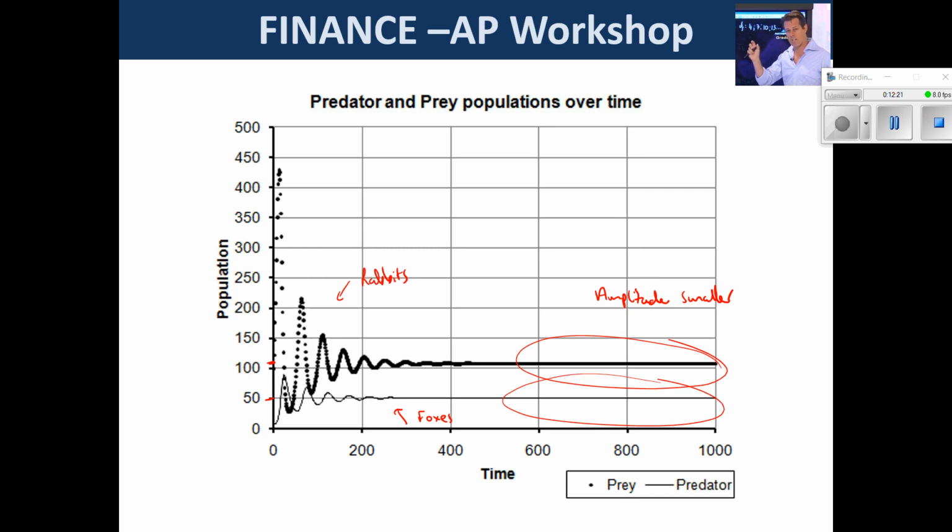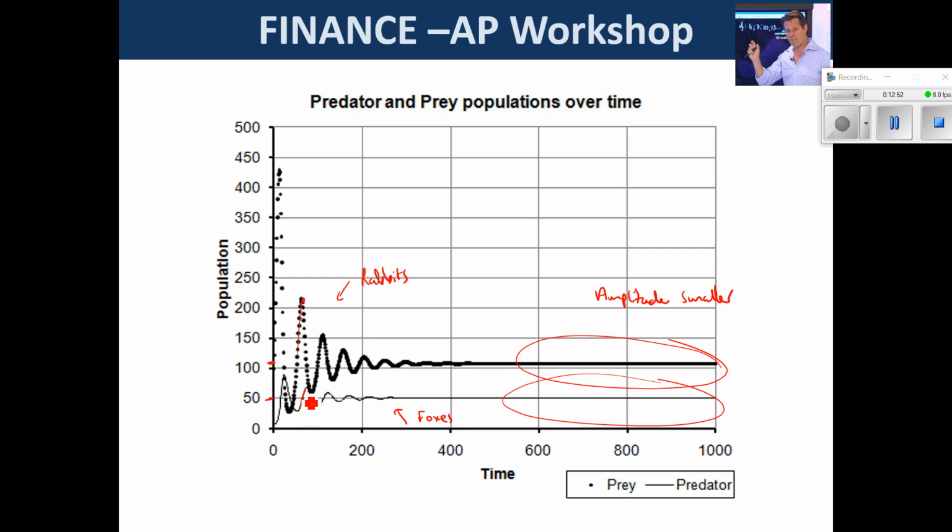But another interesting thing that we should notice is that the crests and the troughs are slightly out of phase, and it should make perfect sense. If the rabbit population is starting to increase, because there are more rabbits, it means that there's more natural food for the foxes, which means then the efficiency with which they kill, and then the ability to make more offspring, that is going to increase the population. So it will always be slightly delayed. There's kind of a lag factor.